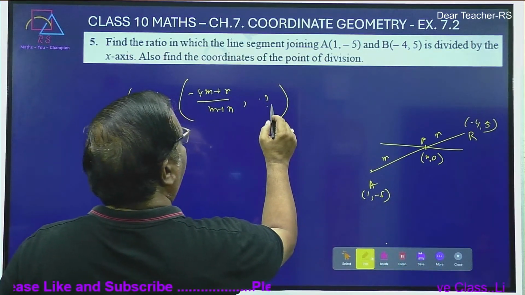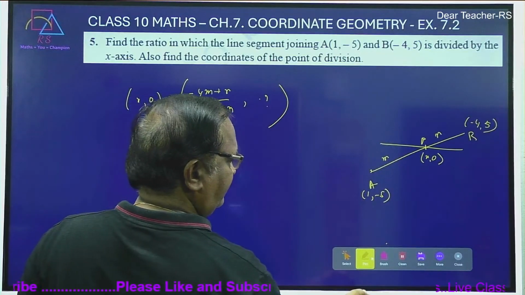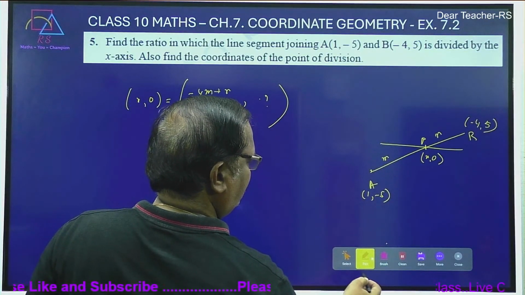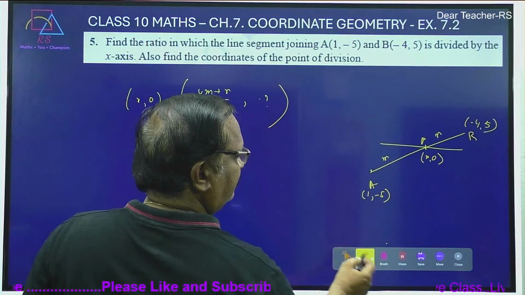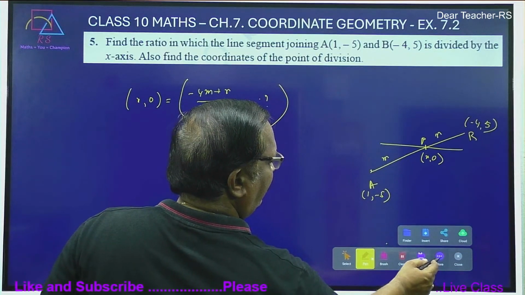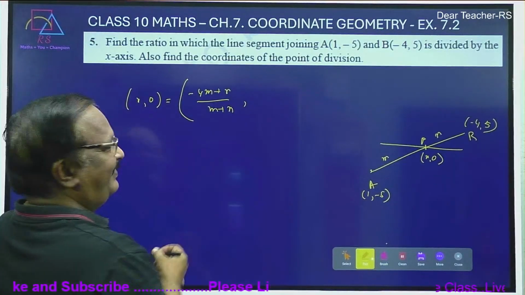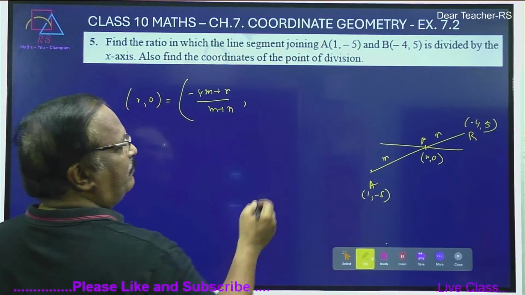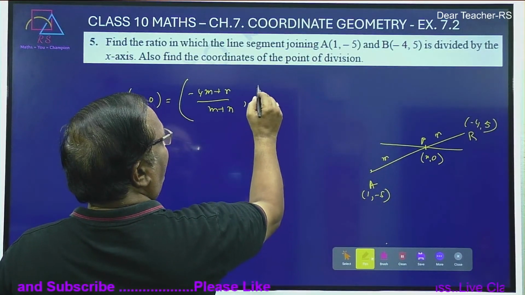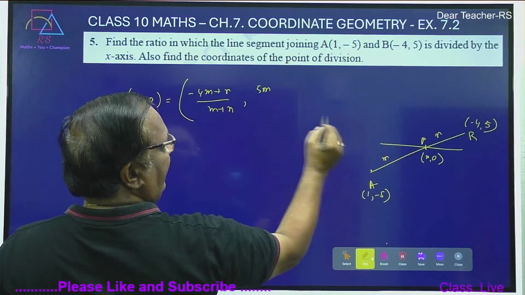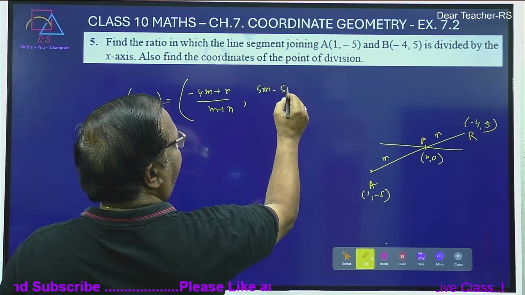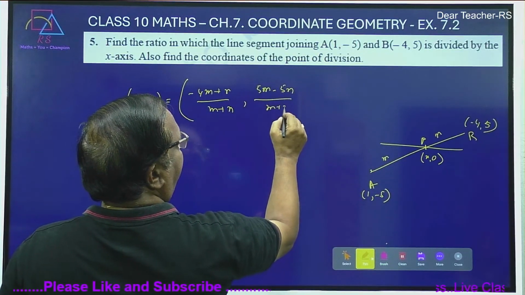Then my2 is 5m, n into minus 5, minus 5n by m plus n.